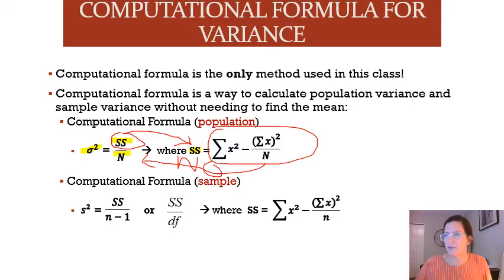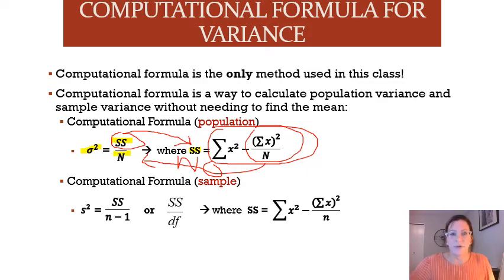It's a whole different n. What you would do is calculate the sum of x squared, and then subtract this fraction from it, and then the total you get, you would put into this SS location. So that's for a population.